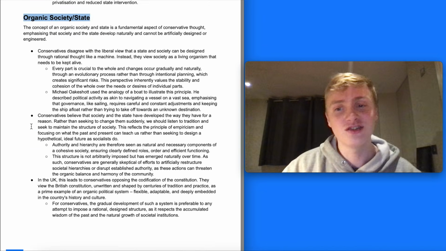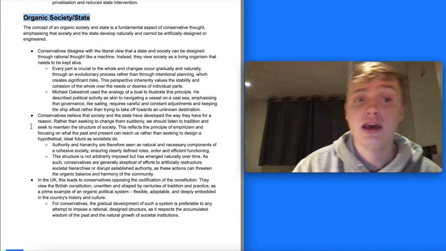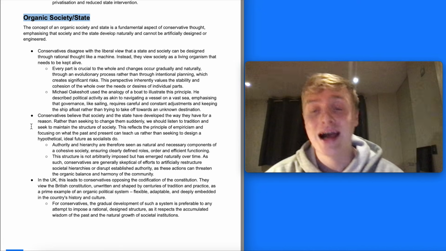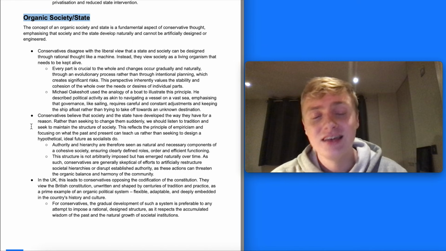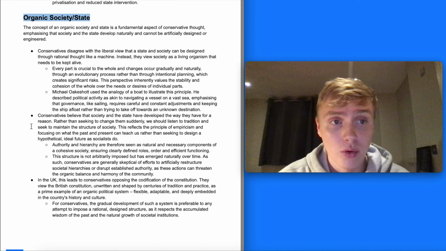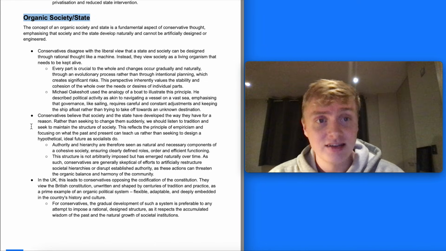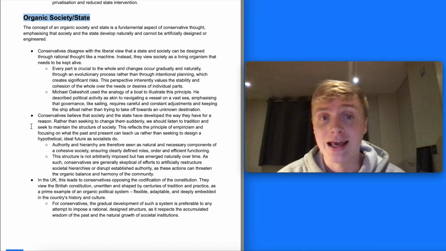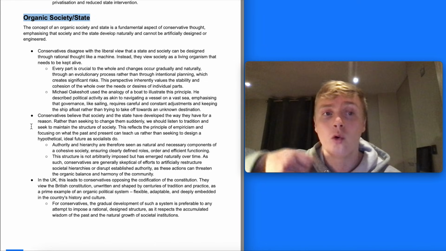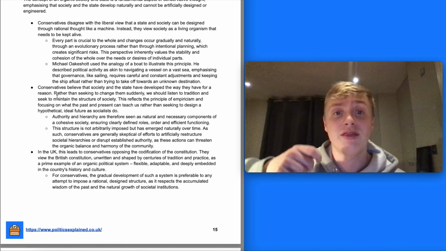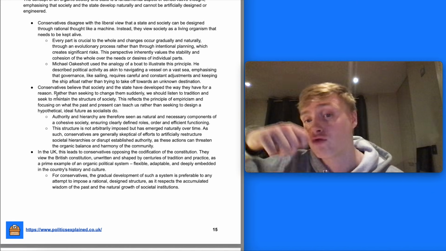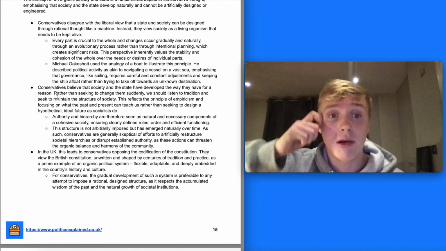Okay, so the next conservative principle we're going to have a look at, or key agreement and principle, is the idea of an organic society or state. And this is key to conservative thought, and it emphasises that society and the state develop naturally and cannot be artificially designed or engineered. So they disagree with the liberal view that a state and society can be designed through rational thought, like a machine.